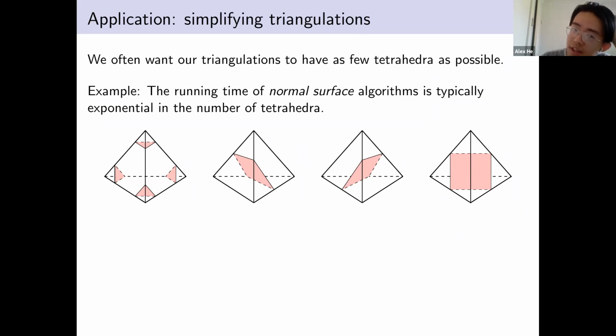The important thing with normal surfaces is that you have three types of quadrilateral.